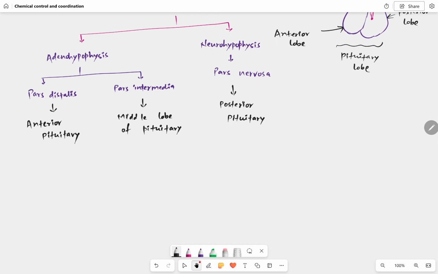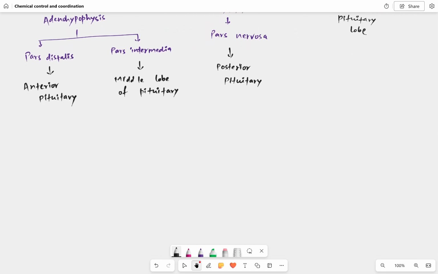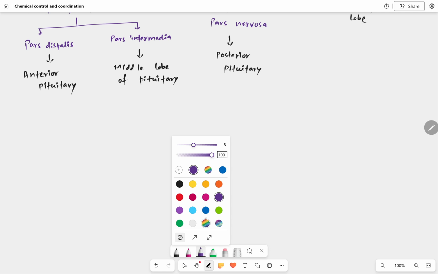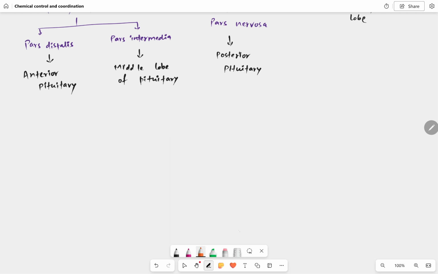You will be surprised to know that this anterior pituitary has hormones which are secreted by itself.